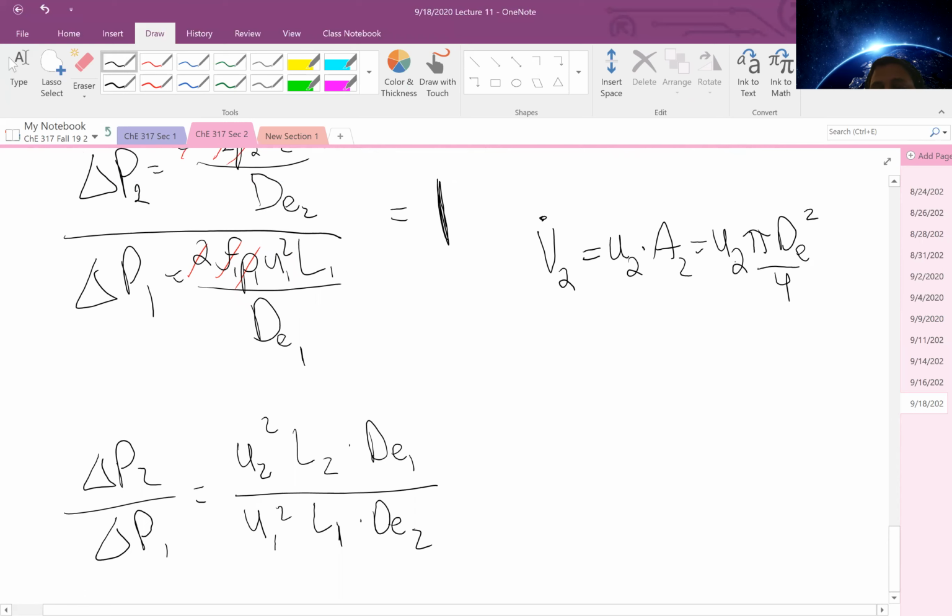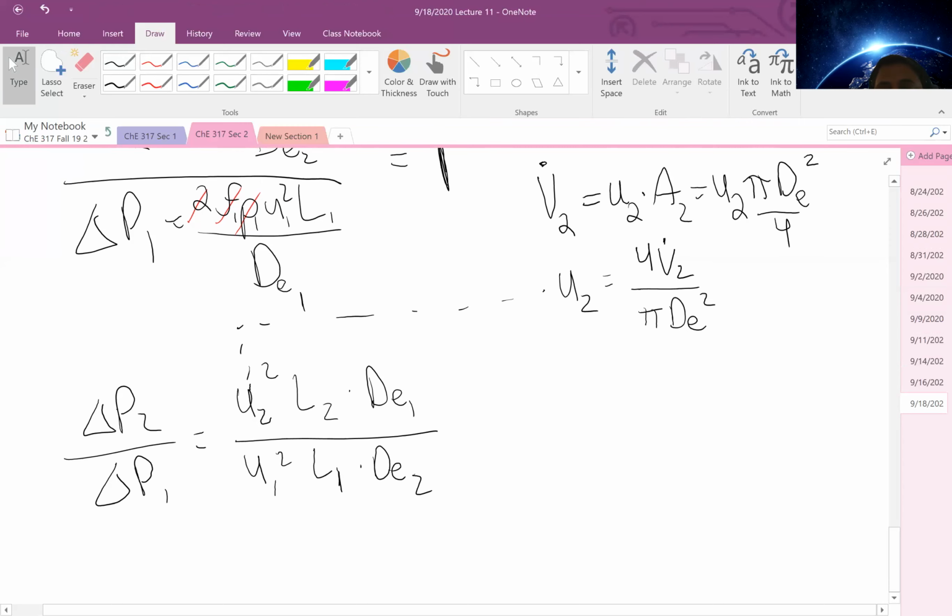If I solve this for my velocity, I can say that 4 times my flow rate divided by pi times my effective diameter squared is equal to my velocity. So I can put this here, and at the same time, I can write a similar expression here.